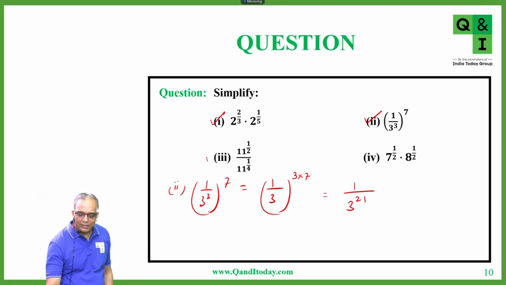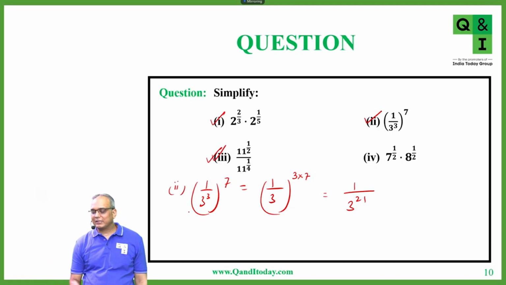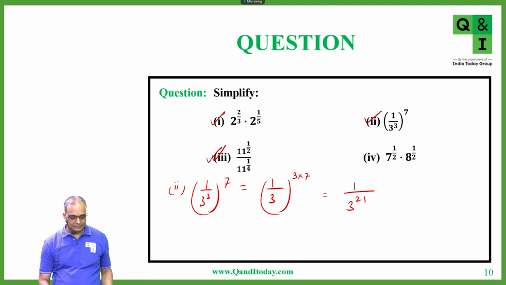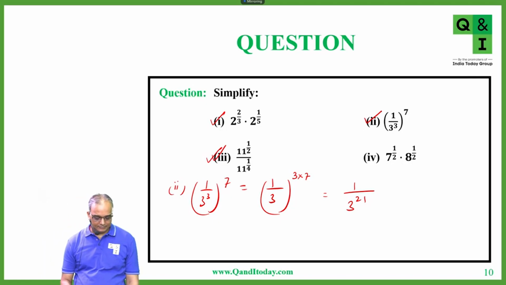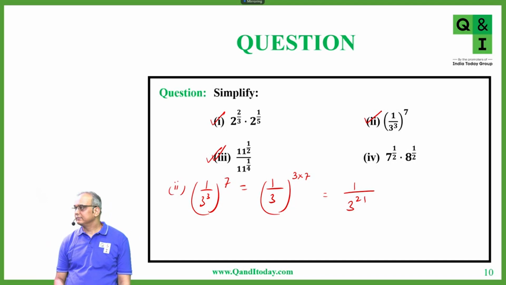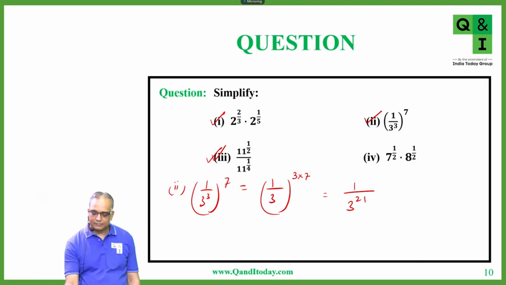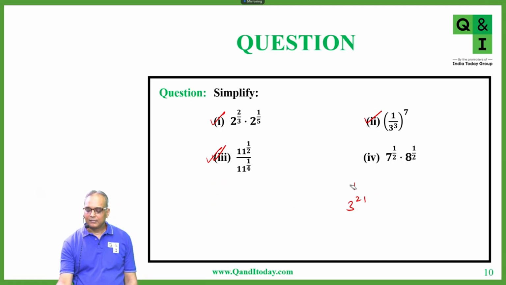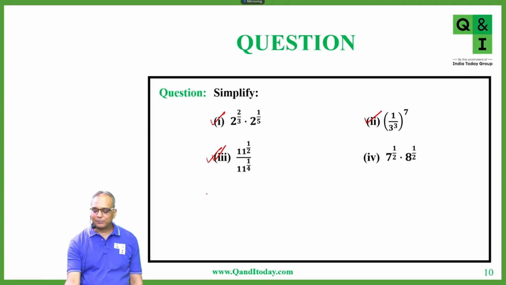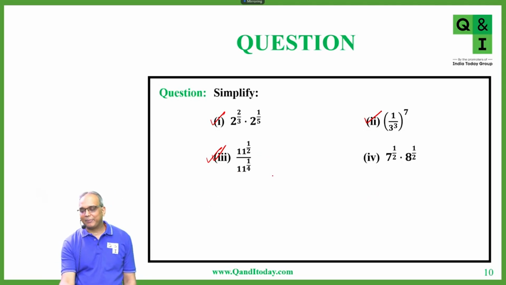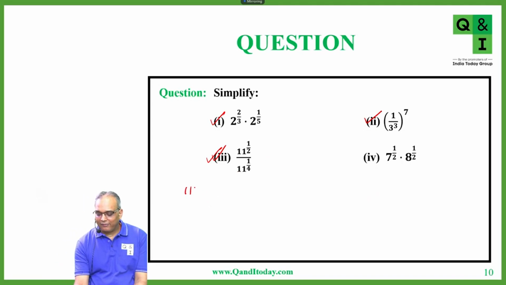So now the third one, which identity are we going to use in this third question? We will use the identity of a upon b, and the powers will be subtracted, because we are dividing these exponents with the same base. So 11 raised to the power 1 by 2 divided by 11 raised to the power 1 by 4 will be 11 raised to the power 1 by 2 minus 1 by 4.